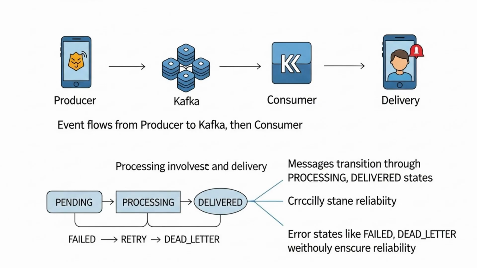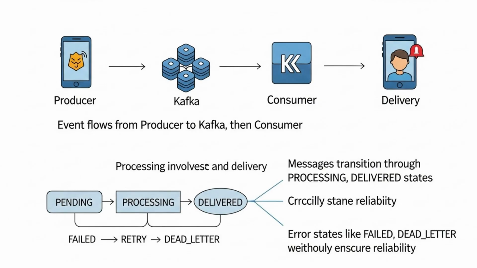Immediately after, the message enters the processing phase, where it's routed to the appropriate handler, taking perhaps 5 to 25 milliseconds. Then comes delivery, where a push notification is sent, typically involving a quick 2 millisecond network call. Finally, an offset commit confirms the successful processing, ensuring message durability.